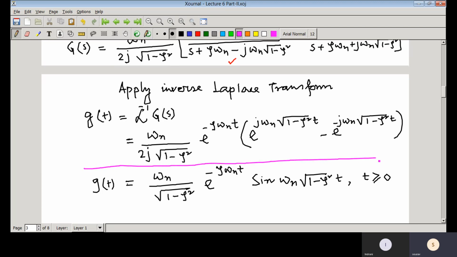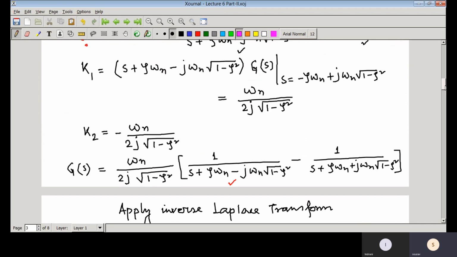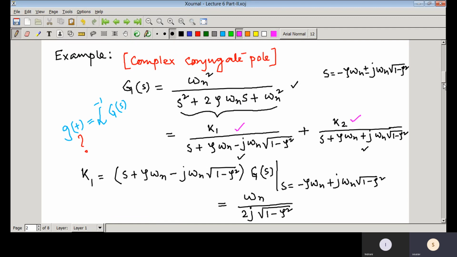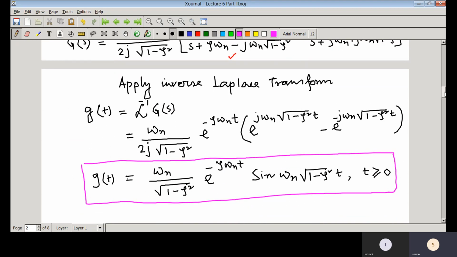As I mentioned before starting this problem, this expression and this particular method is very important, and it will be used particularly in the time domain analysis that I will be discussing later. Whenever you have a complex conjugate pole, this is the method and final expression to find g(t).